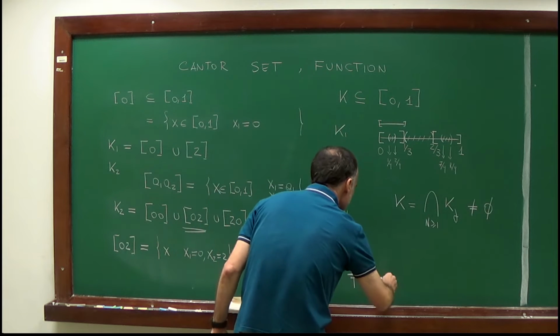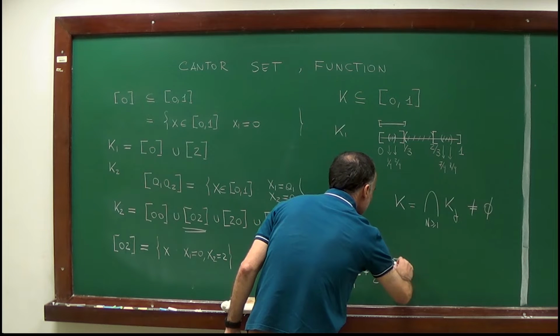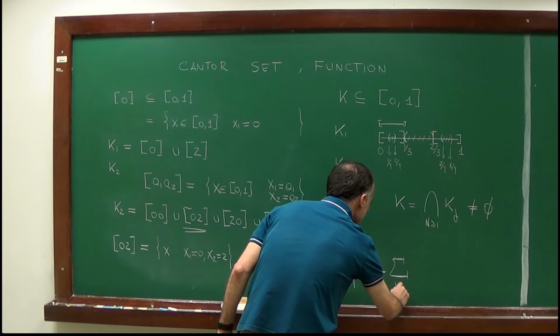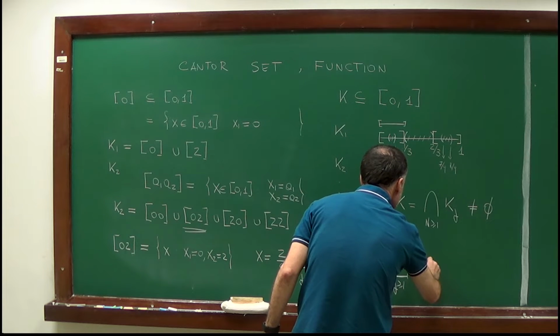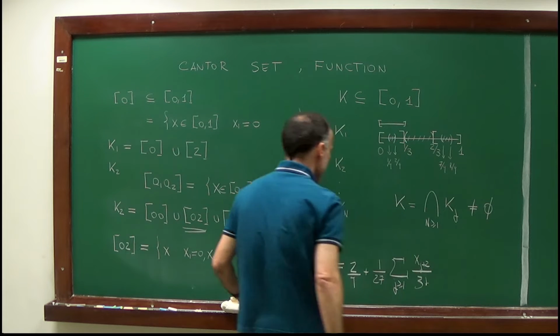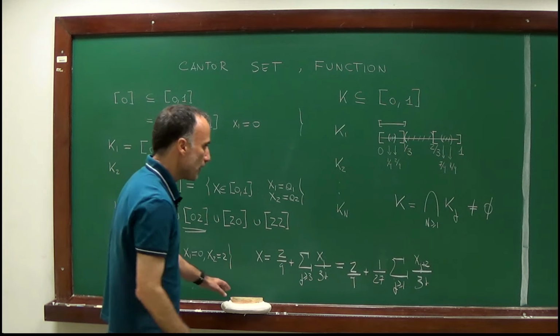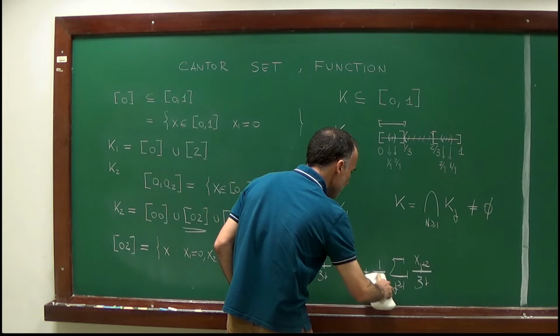Let me take out 1 over 27, and actually here I made a mistake. This is 9, I guess.